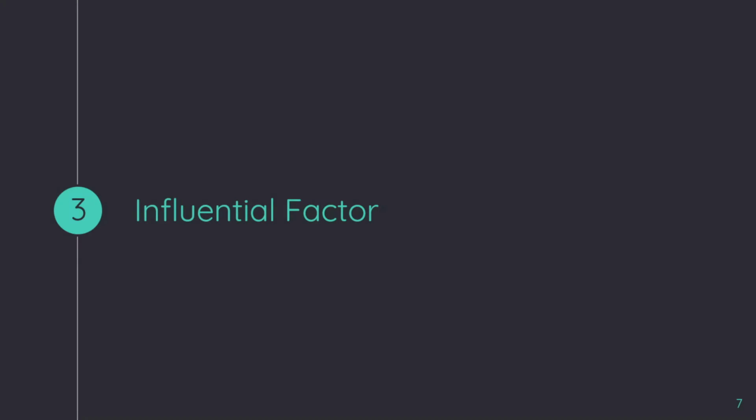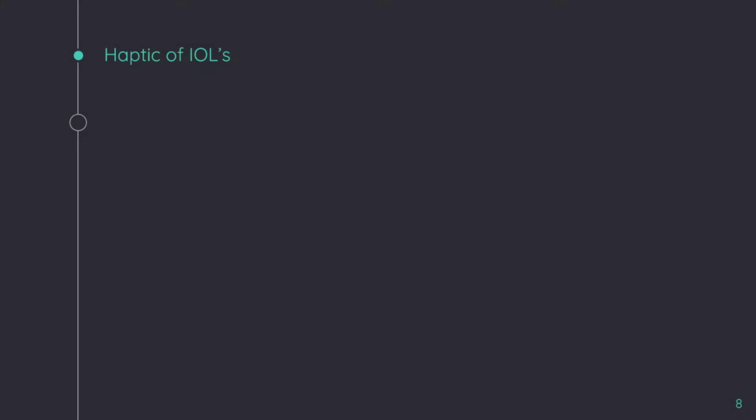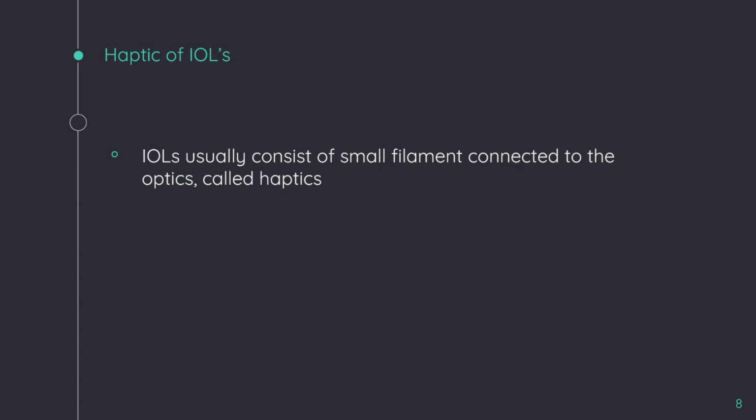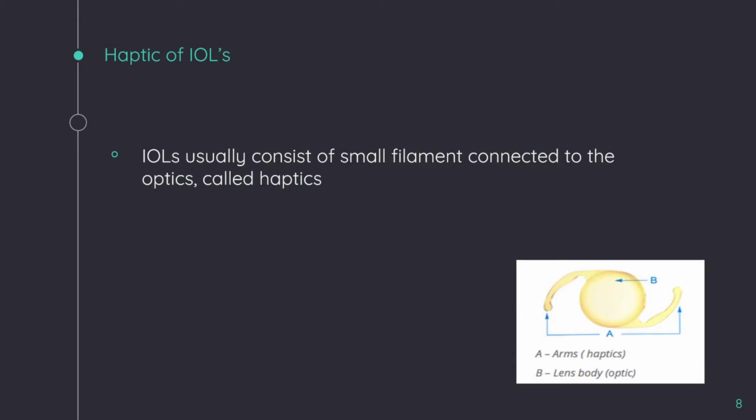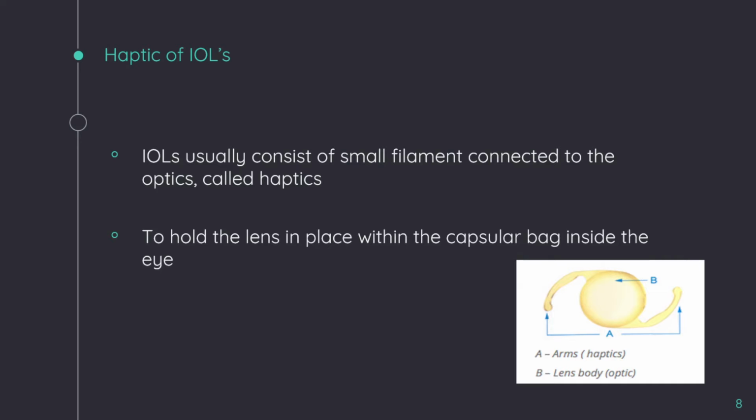There are also a few influential factors in the post-operative stability of the IOL that will affect its biomechanical stability, which are material properties, haptic design, and size of the IOL, some of which already have a standard procedure and measurement. Haptic design is one of the main changing variables in my project. So what is a haptic? Basically, a haptic is a small filament connected to the optic, and its function is to hold the lens in place in the eye.